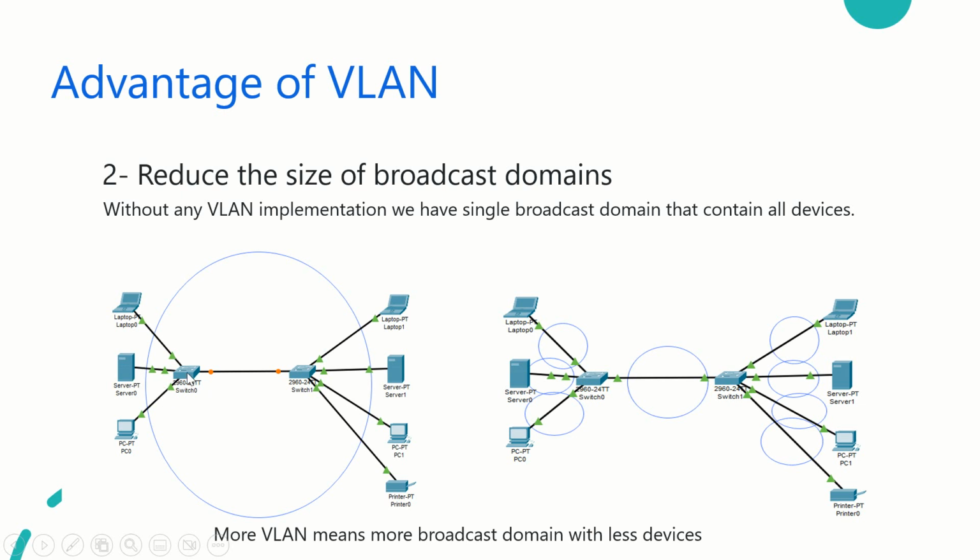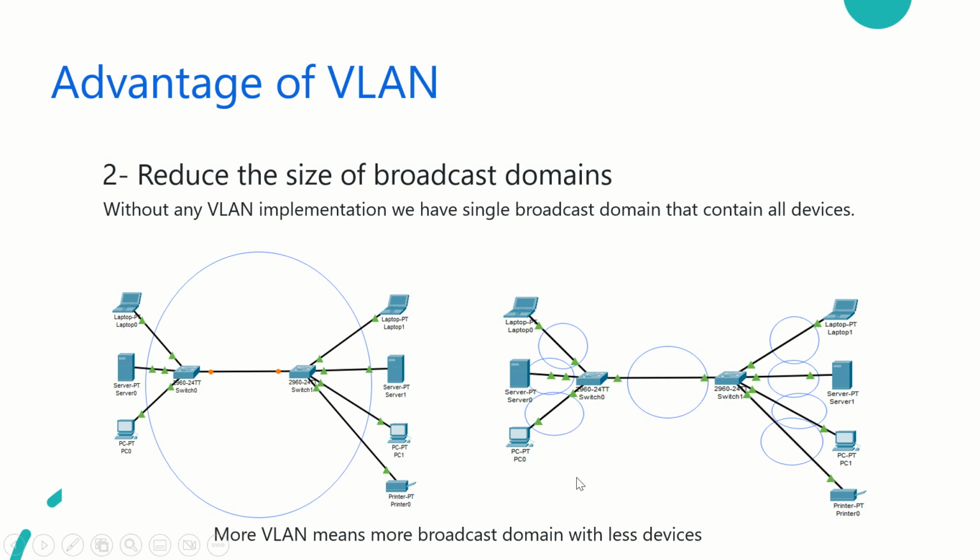I mean, this port, this port, this port, and 6 ports here can get information and packets from PC0 and switch 0. And it is not effective, and it's a performance issue.